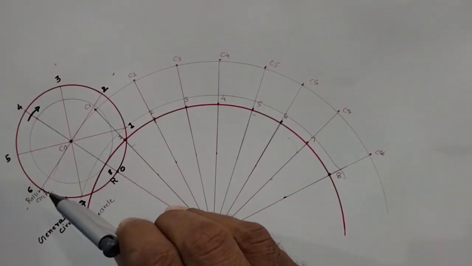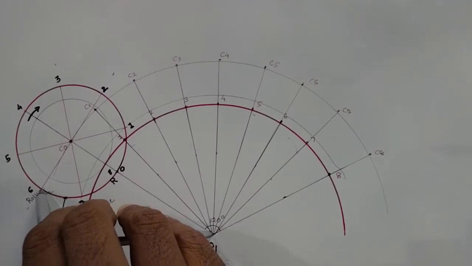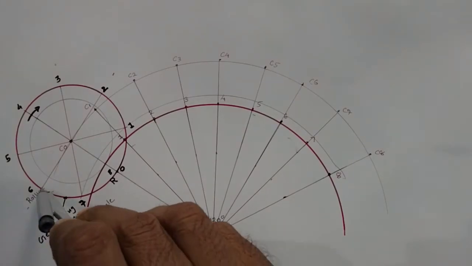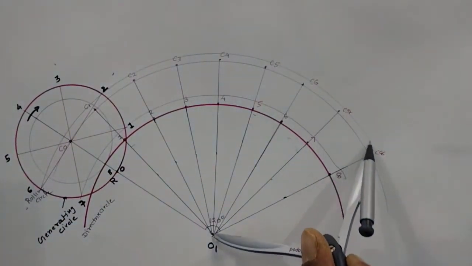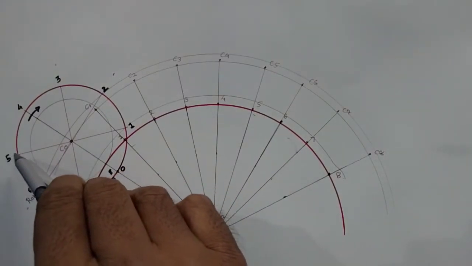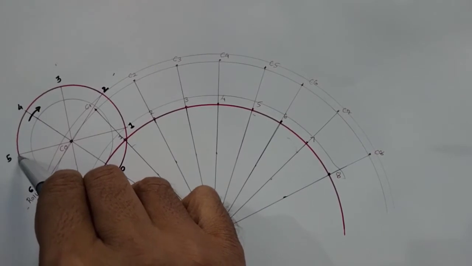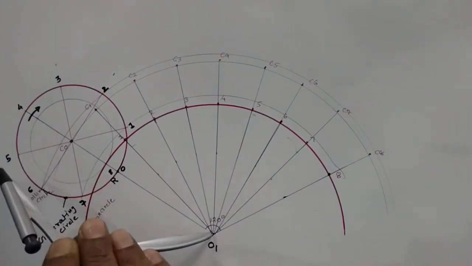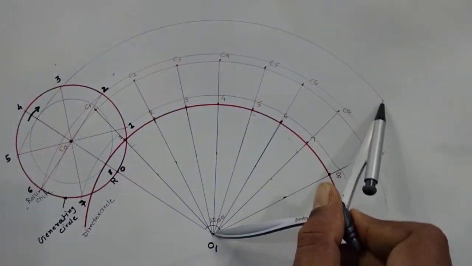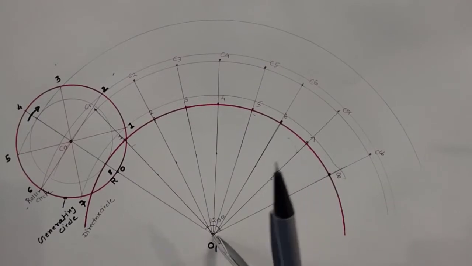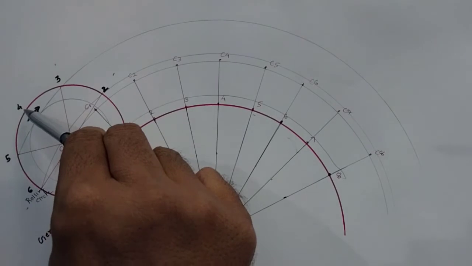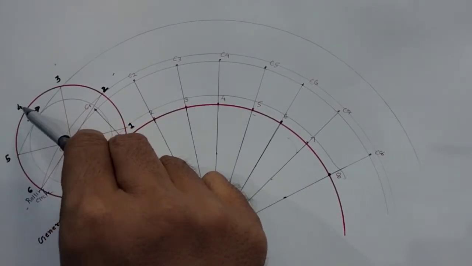Similarly, you can take O1 to 6 and create one more circle parallel to the directing circle. Similarly, you can take O1 to these 5 points and draw the circle. Similarly, you can draw the circle from O1 to these 4 points.